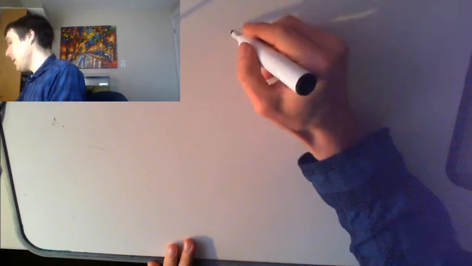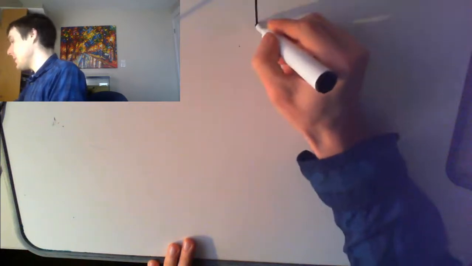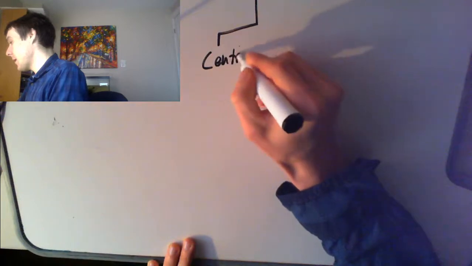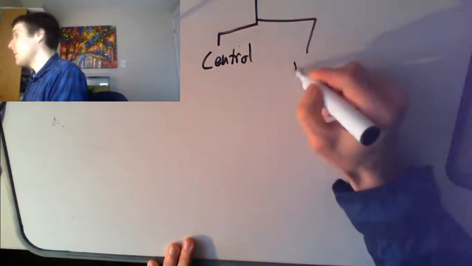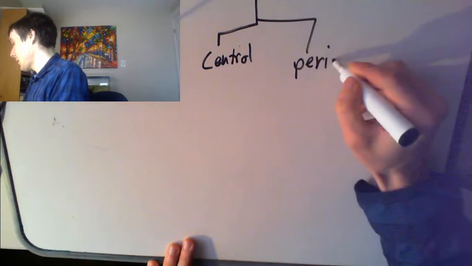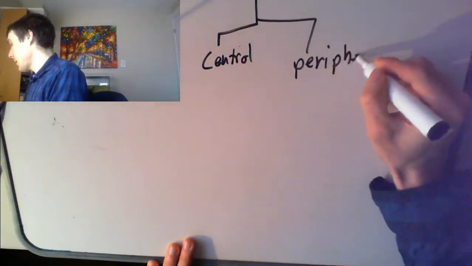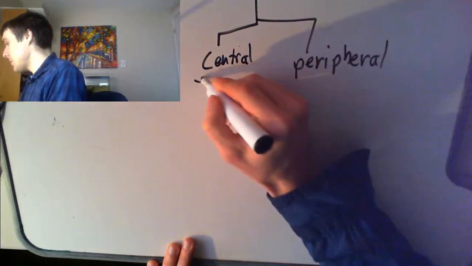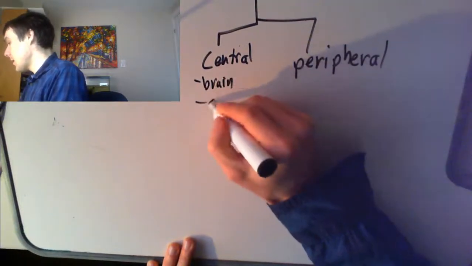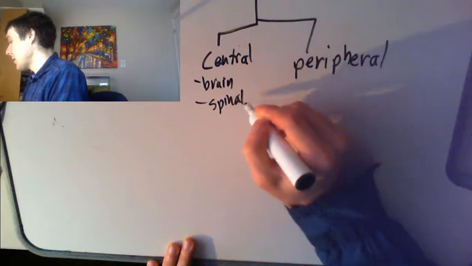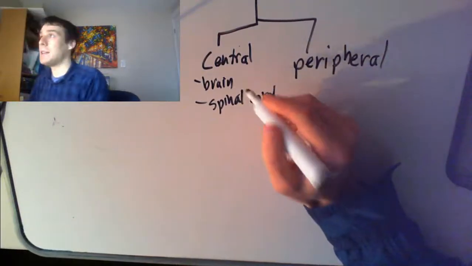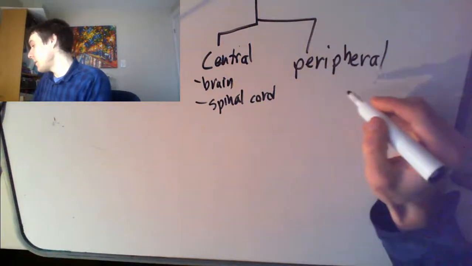The first division was central versus peripheral. Central is just brain and spinal cord. The brain can be forebrain, midbrain, and hindbrain, but we're not worried about that.